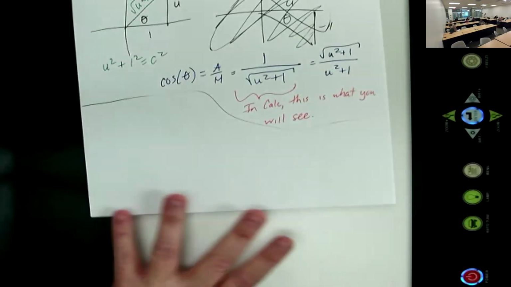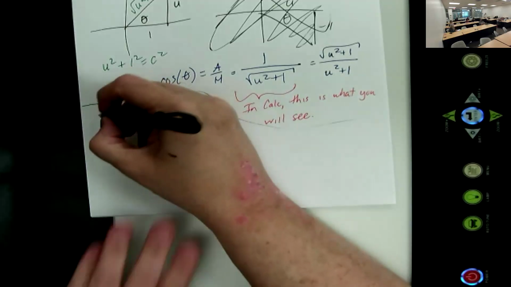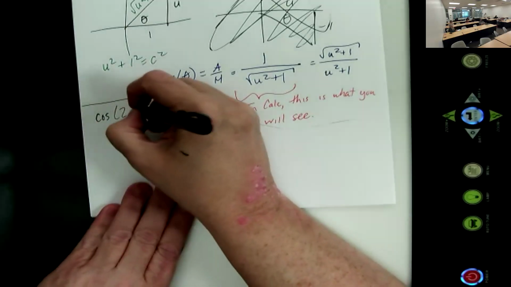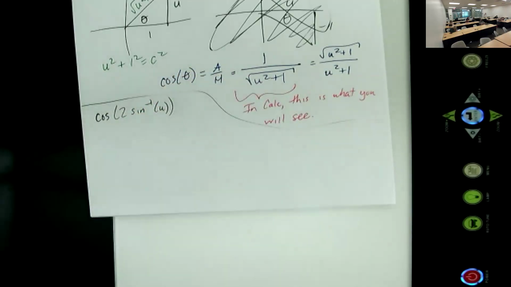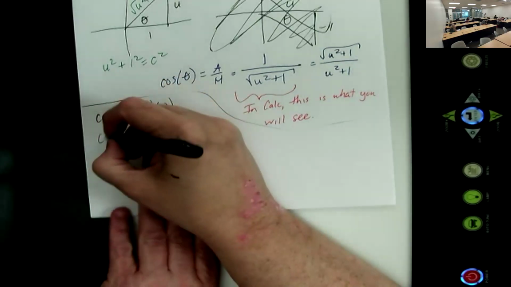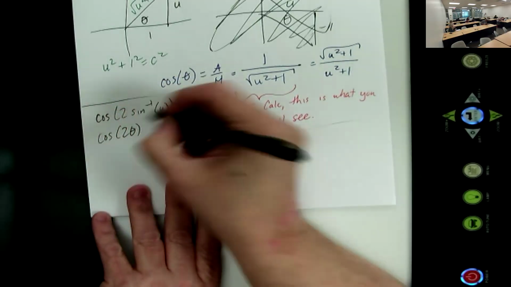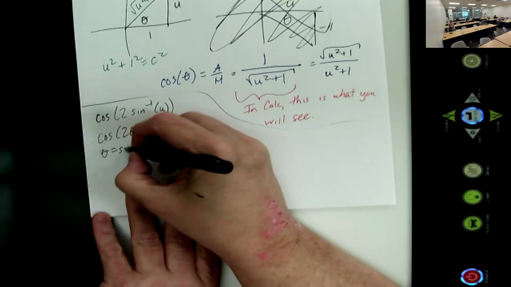We set it up. Cosine of 2 sine inverse u. So this is like cosine of 2 theta, if theta equals sine inverse u.